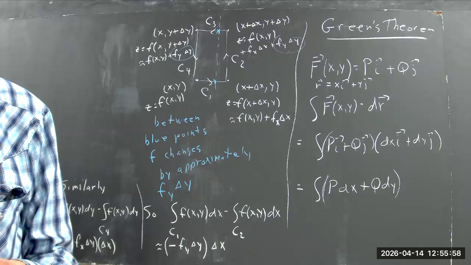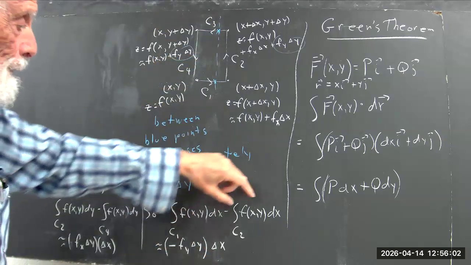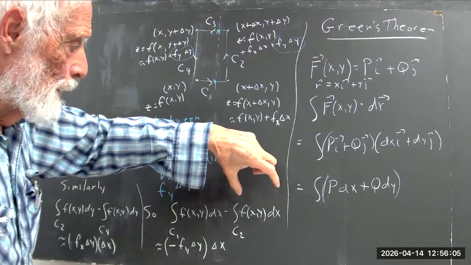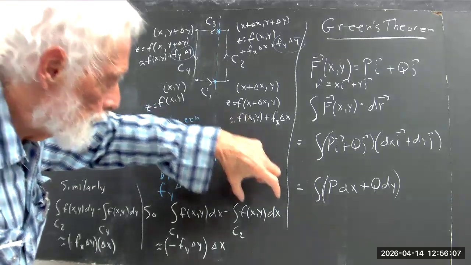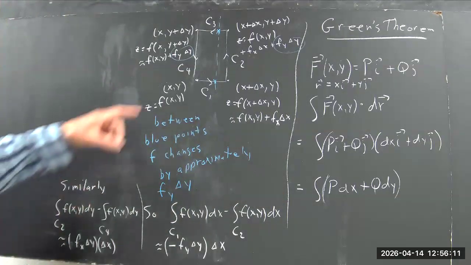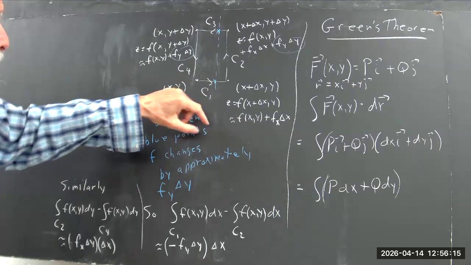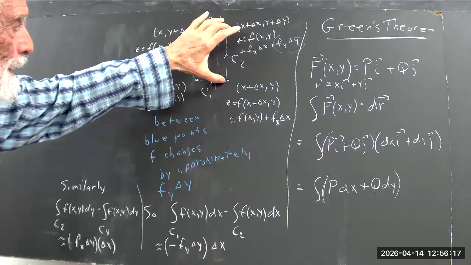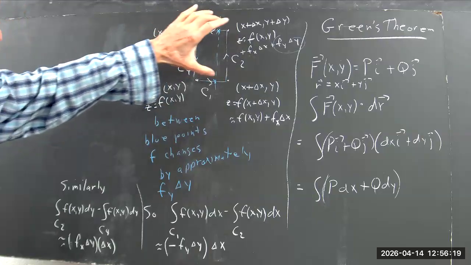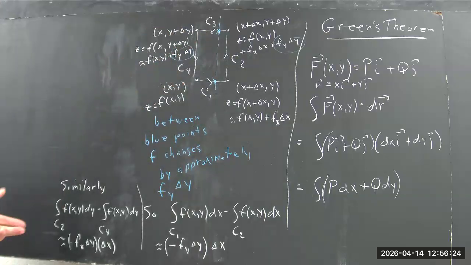In other words, you get a negative Fy delta y here because the plus Fy delta y is part of this integral, and the plus Fx delta x is part of this integral in the y direction, part of the integral over C2 and the integral over C4.